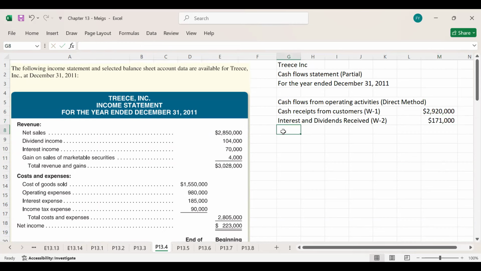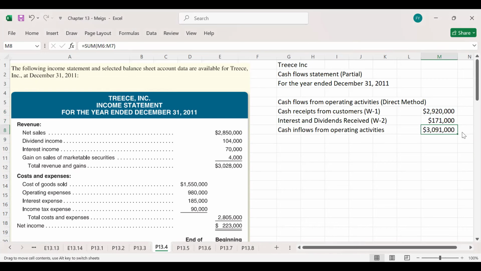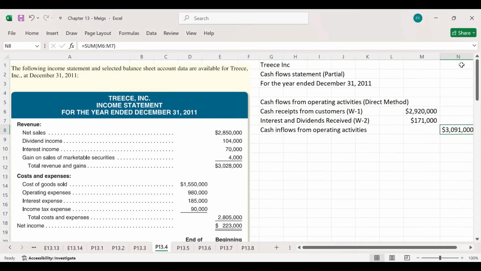So these are the total cash received from operating activities. So you can say cash inflows from operating activities. So the total are, and we represent it in the outer column. You can see here.